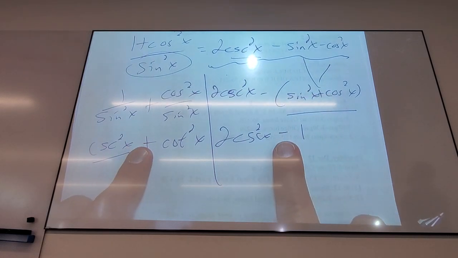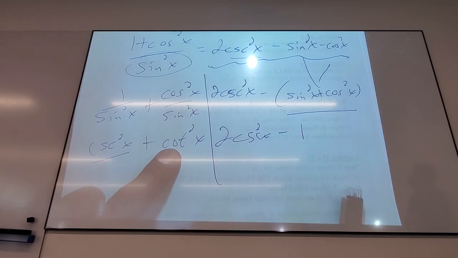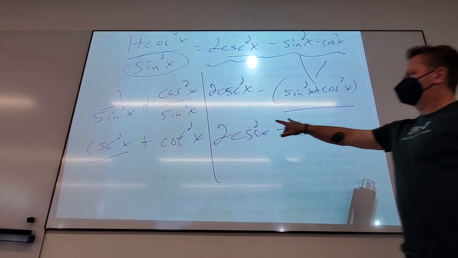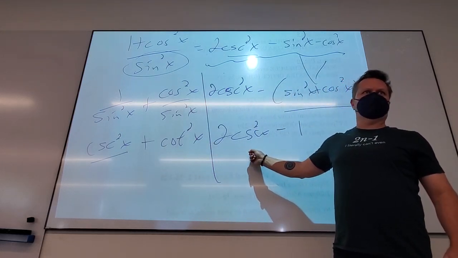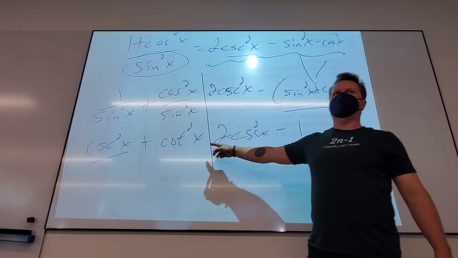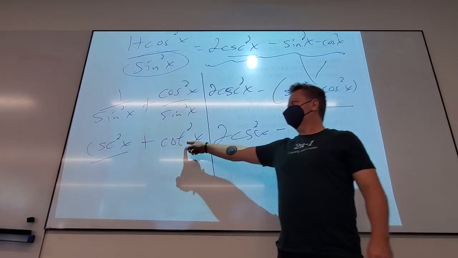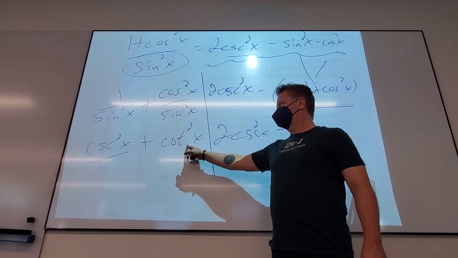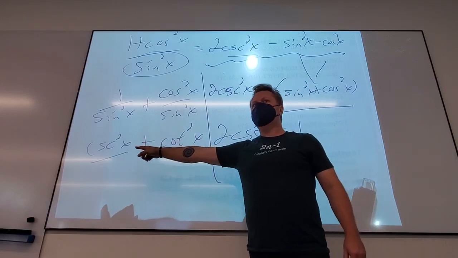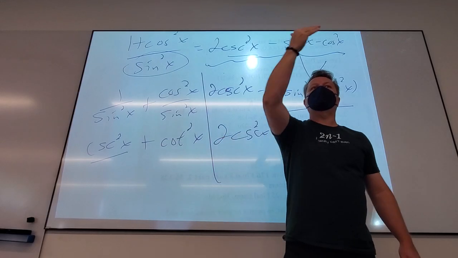This is what I got so far. Now, what does this side have that this side doesn't? Cotangent squared. Is there a relationship between cotangent squared and cosecant squared? Can you rewrite this so it goes away?